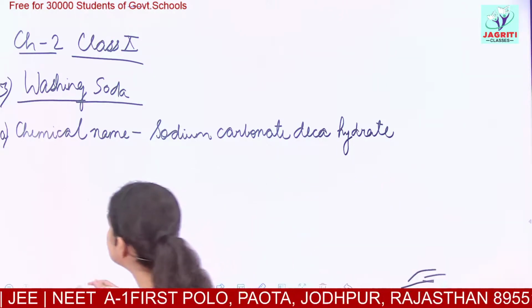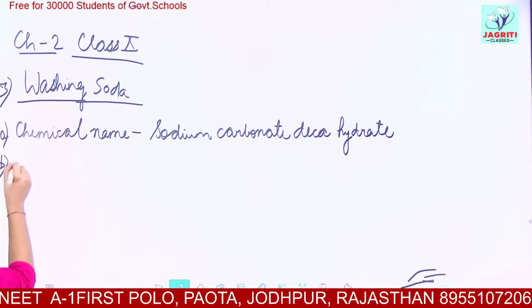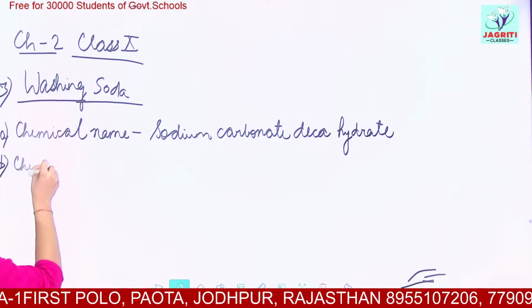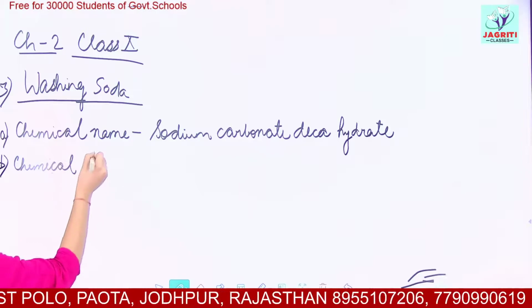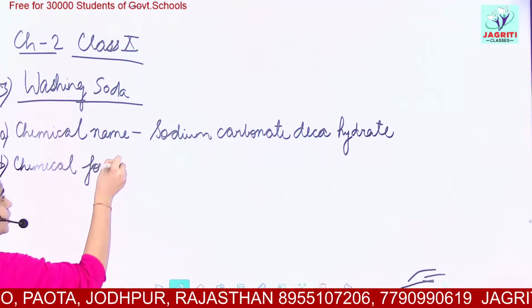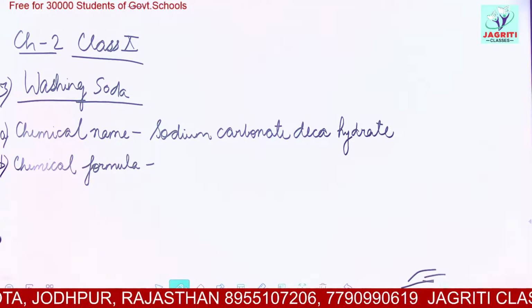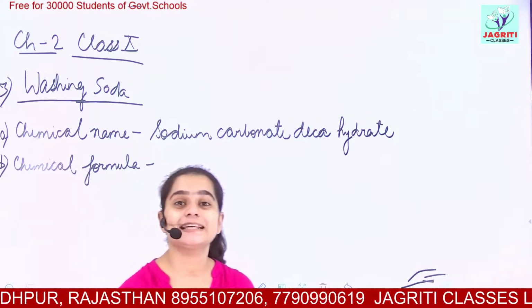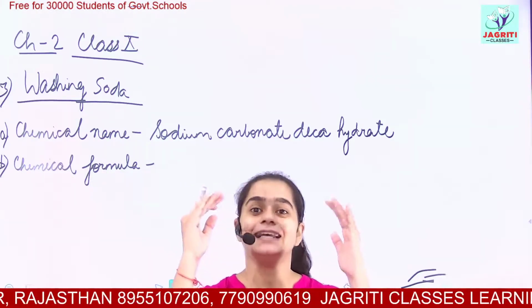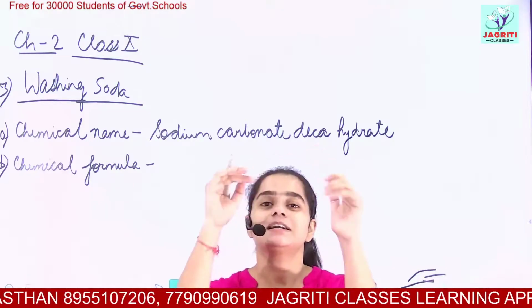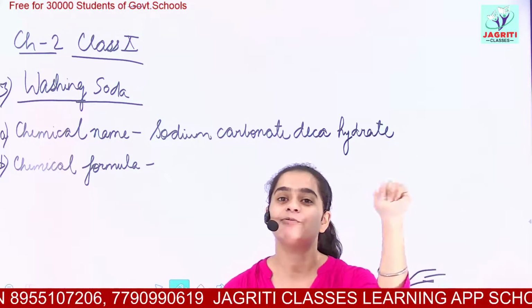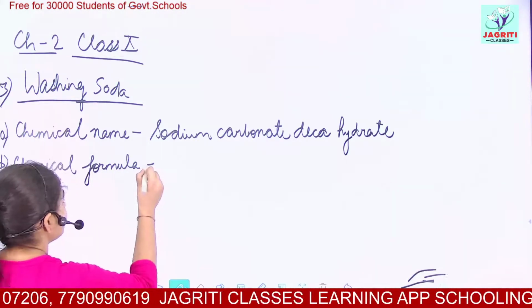Now we'll see its chemical formula. Can you derive the formula from the given name? You have learned how to make formulas by using the symbols and then writing its valencies. Then you cross multiply the valencies to get a stable formula. So let's see if we can try and do it.